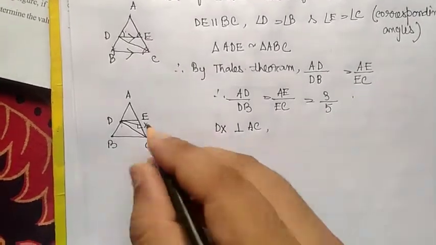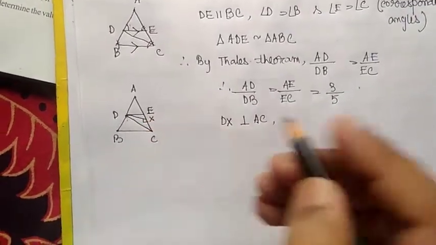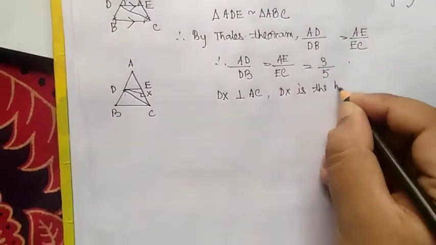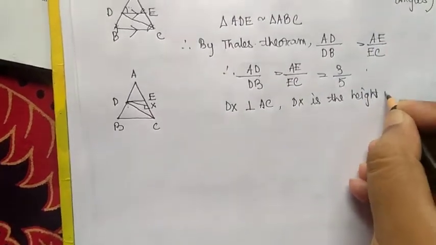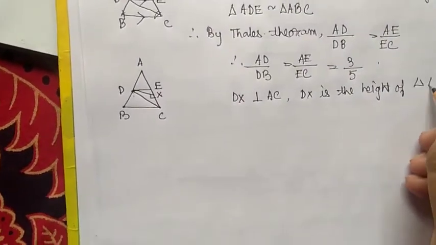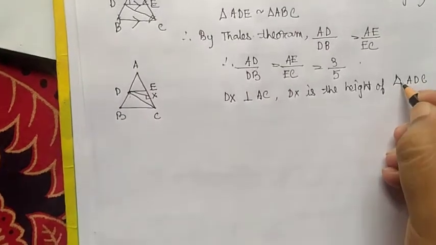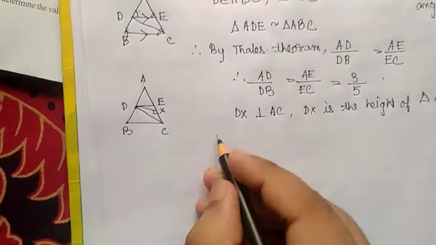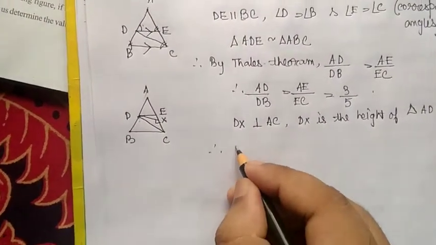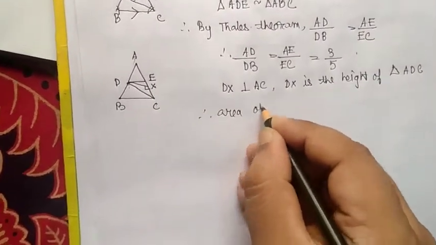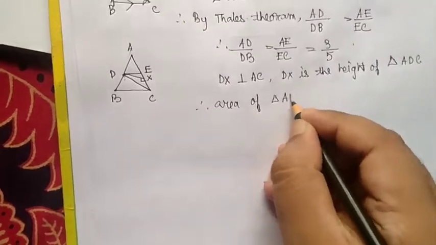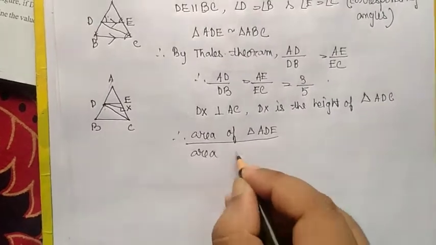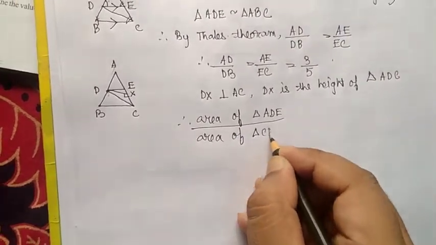Therefore DX is the height of triangle ADC. Triangle ADC height is DX. So we can say that the area of triangle ADE by the area of triangle CDE.